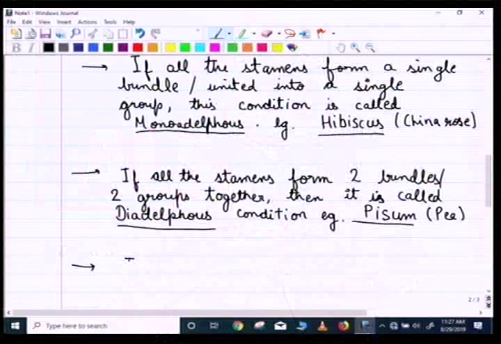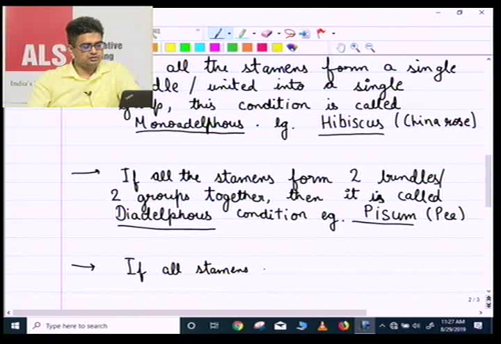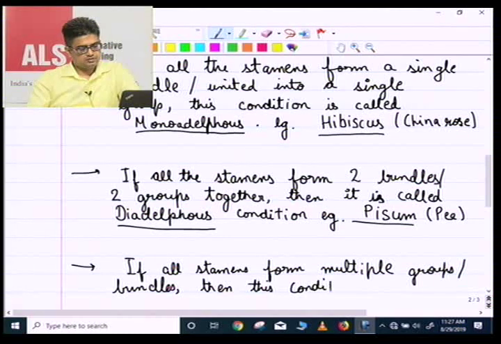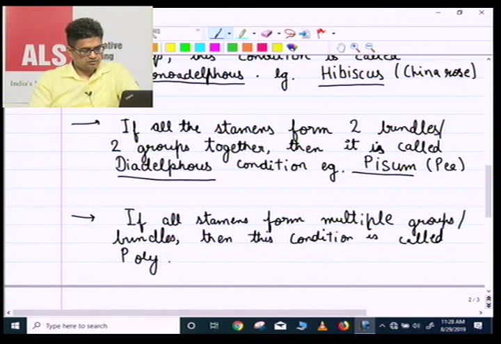Now there is another condition called polyadelphous condition. If all stamens form multiple groups or bundles, then this condition is called polyadelphous condition.